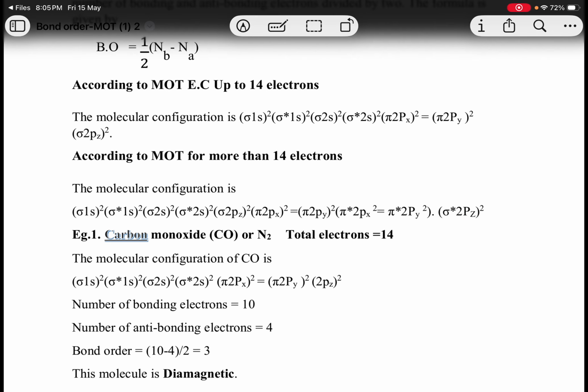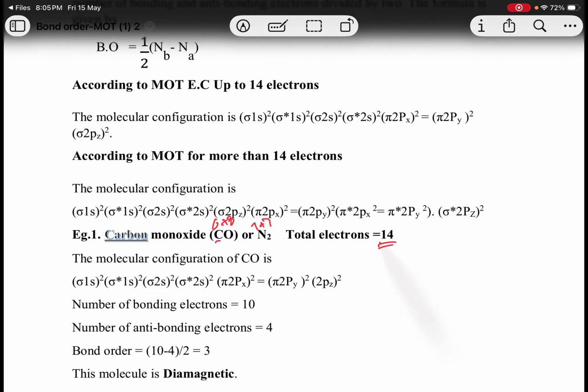For example, consider carbon monoxide or the N2 molecule. In carbon monoxide, carbon has atomic number 6 and oxygen 8, so a total of 14 electrons. Another example, N2, also contains 14 electrons: one nitrogen has 7, the other 7.